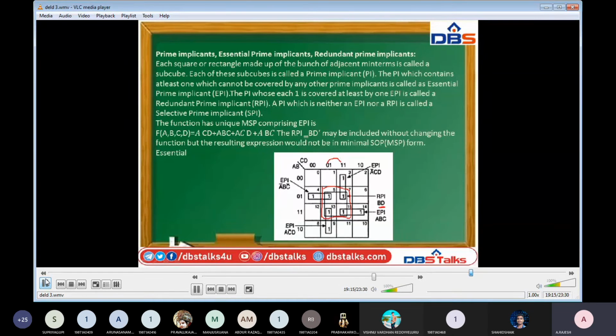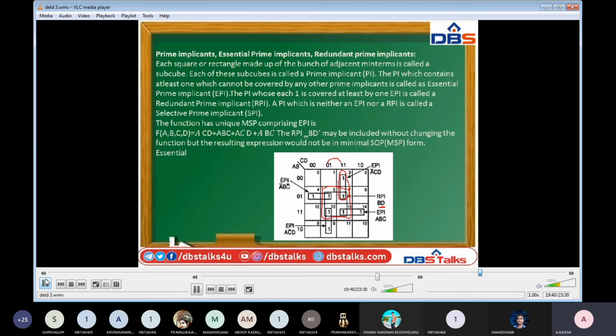Coming to the next one, here we have 1, here we have 1, here we have 1, and here we have 1. So we need to cover all these. So I have grouped this one first, these two. This is an essential prime implicant. That means it is the only one. So in order to reduce that one, we are pairing with the redundant prime implicant.